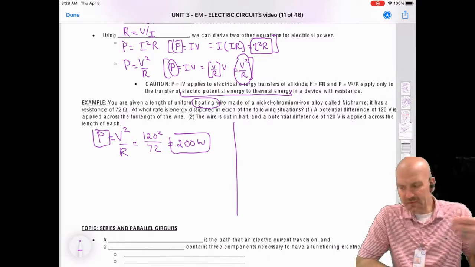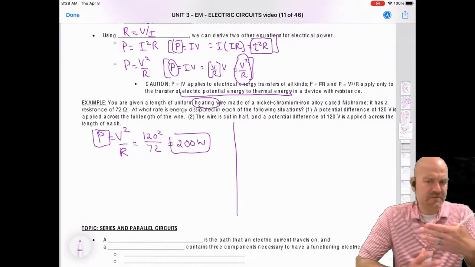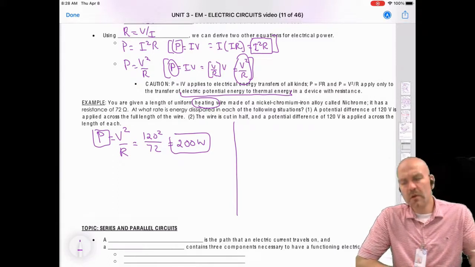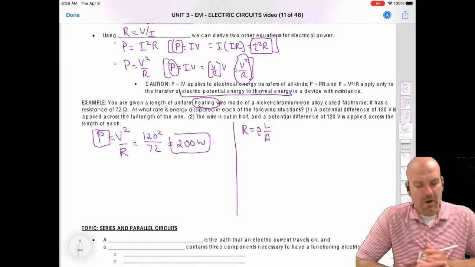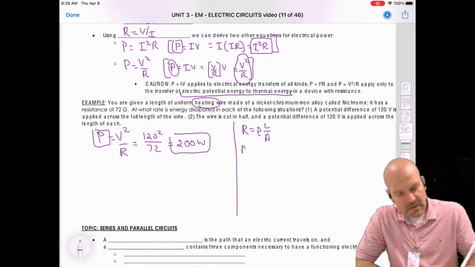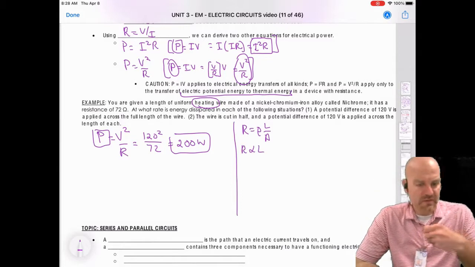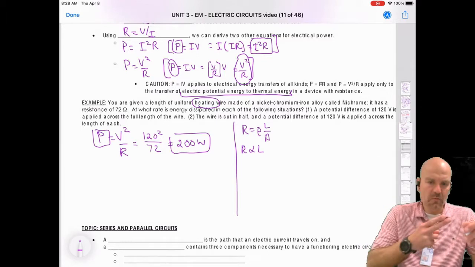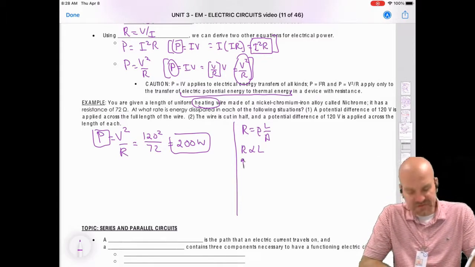The second part is a little strange, because we've never talked about what happens when we cut resistors in half. If we go back to the resistance formula, R equals rho L over A, note that R and L have a direct relationship. So if I cut the wire in half, I cut my resistance in half.